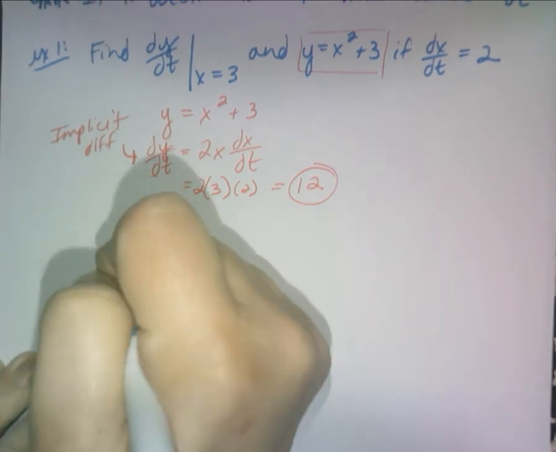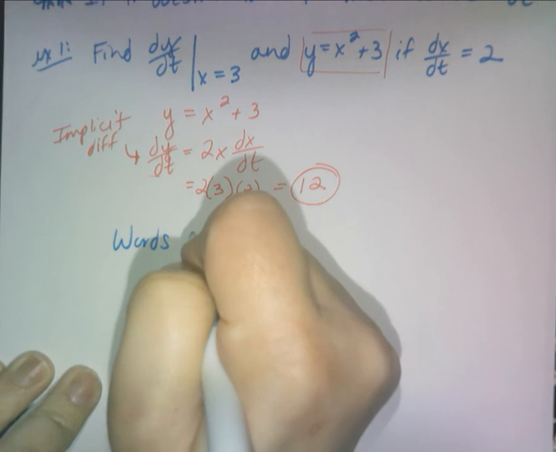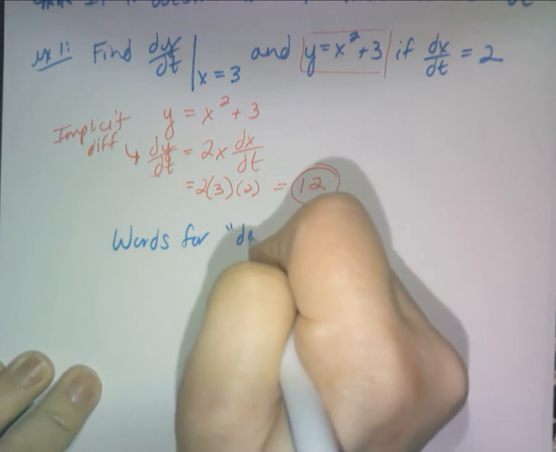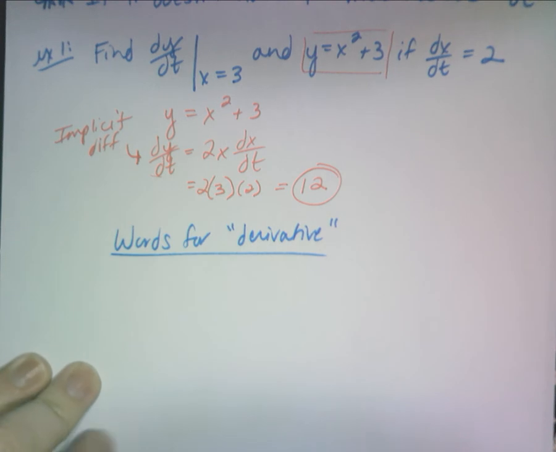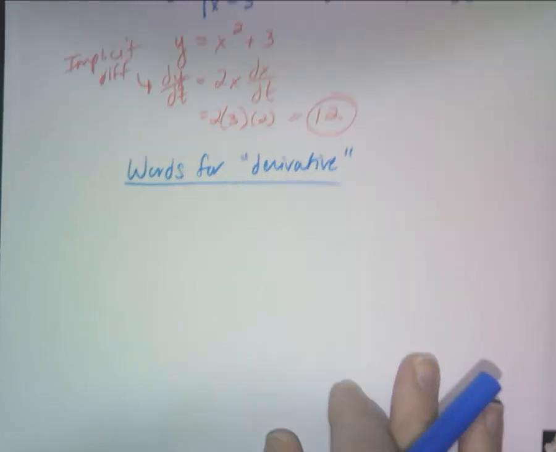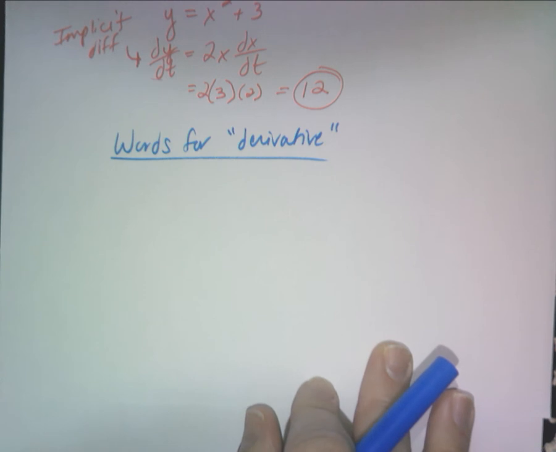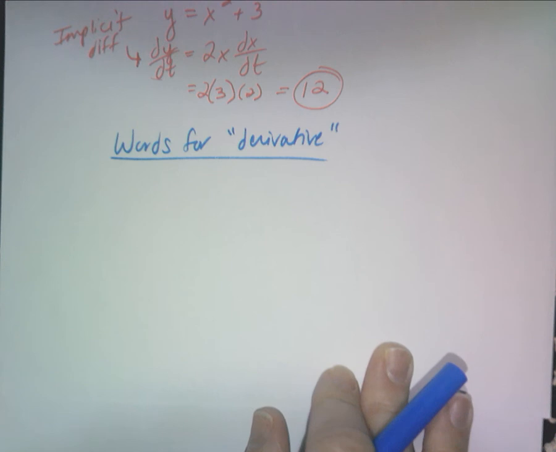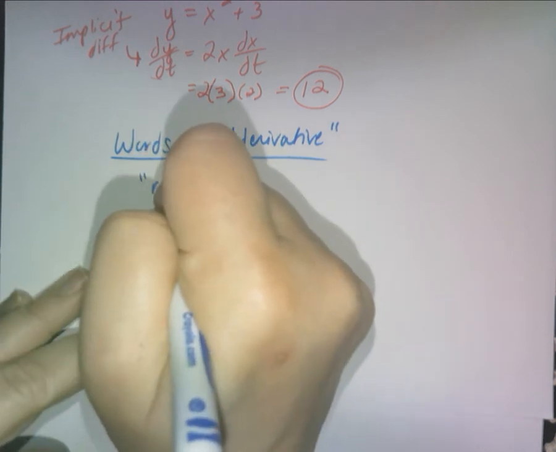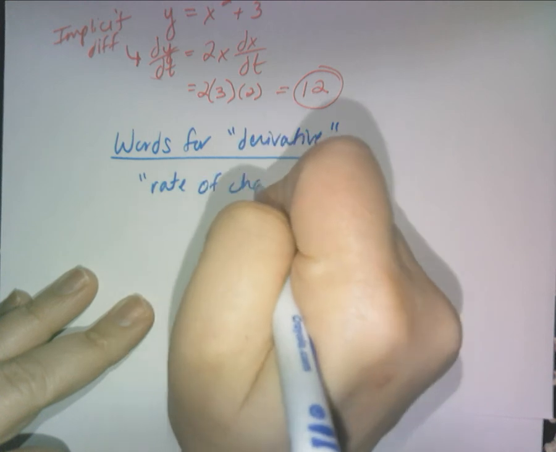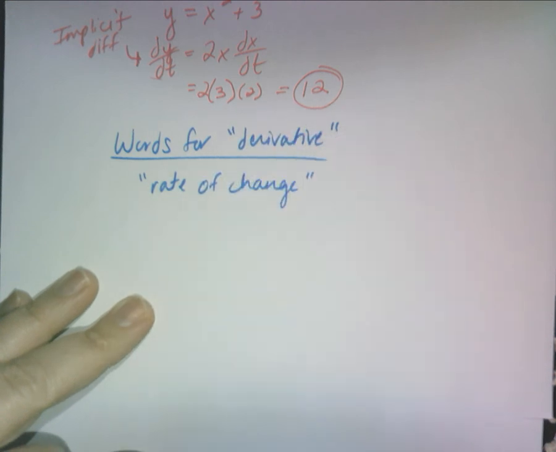One last thing before we actually do the word problems. These are words for the word derivative. When you were first learning word problems, your teacher would give you words for addition, like sum, and words for division, like quotient, right? These are words that mean derivative. So when you see the phrase rate of change, that means derivative.